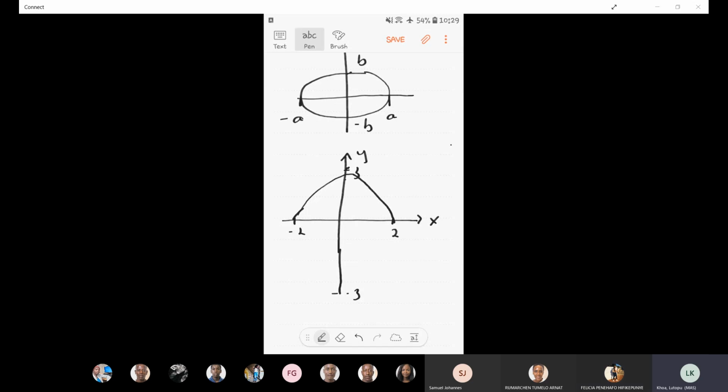It's the fourth root. Yeah, the fourth root. What does it mean?